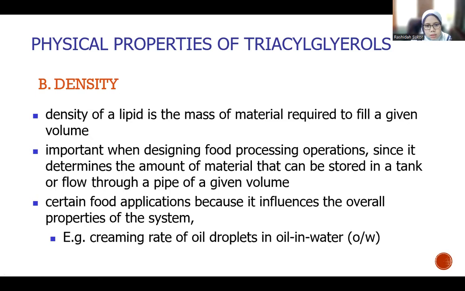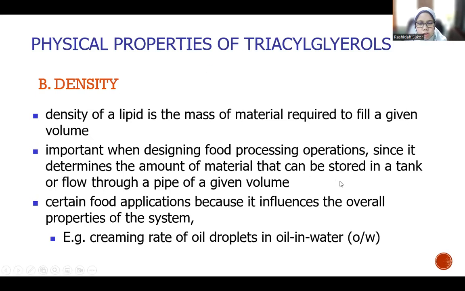So it is important when we want to design a food processing operation. Maybe this relates to your program, even the rheological part is very related to your program, right? When we want to design a food process operation, you have to know how much. Like designing a bulk tank, you have the volume, right? And when you put oil versus when you put water, of course the density is different, so they will act differently.